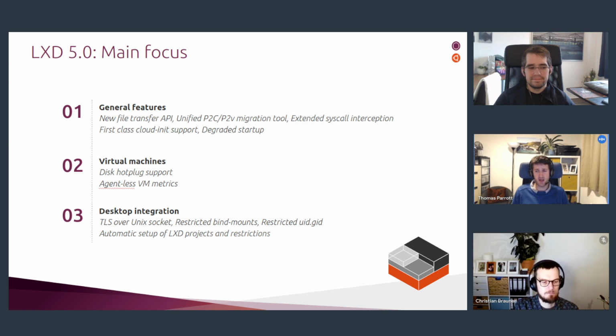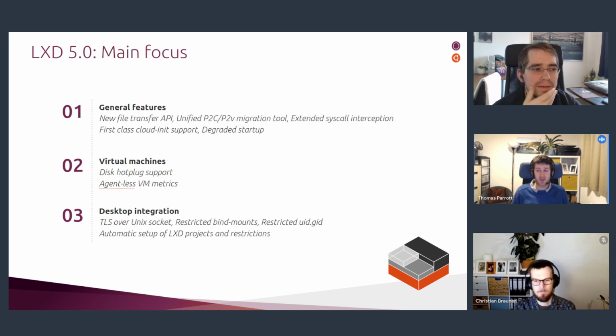So we don't allow shiftfs or ID mapped mounts to work when you're using restricted bind mounts, and instead we've introduced the ability to specify particular UIDs and GIDs that can be individually mapped, either as individual IDs or ranges, for an instance, and that functionality already exists for containers and virtual machines.